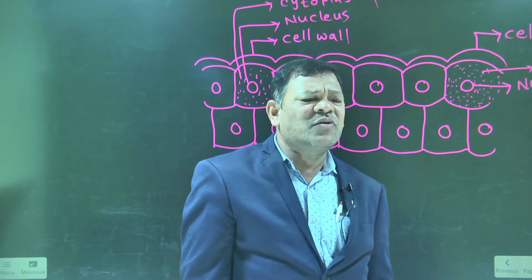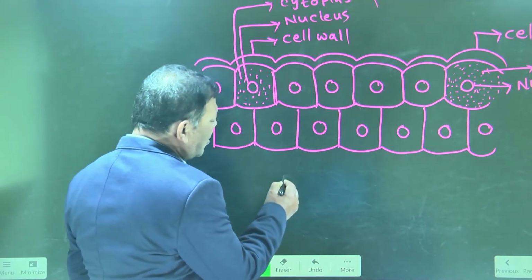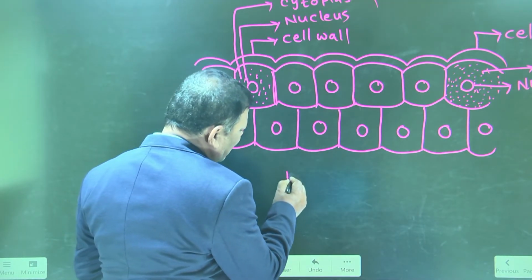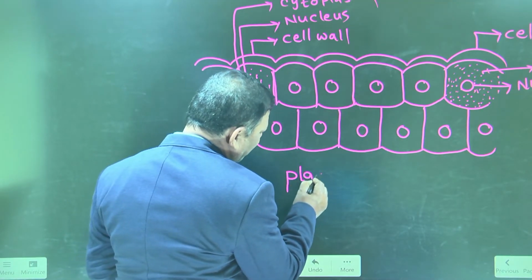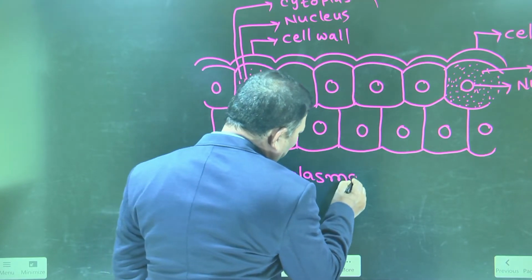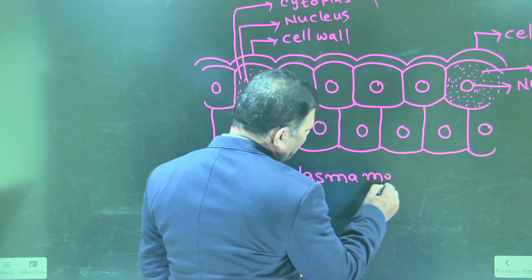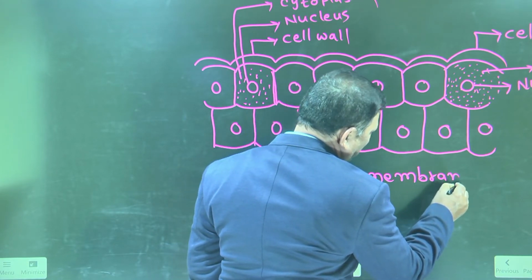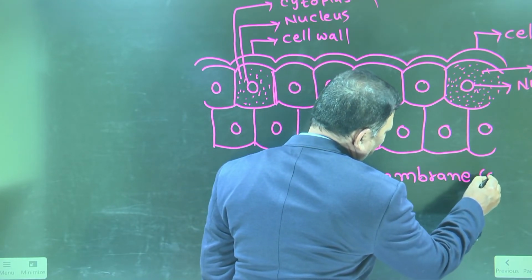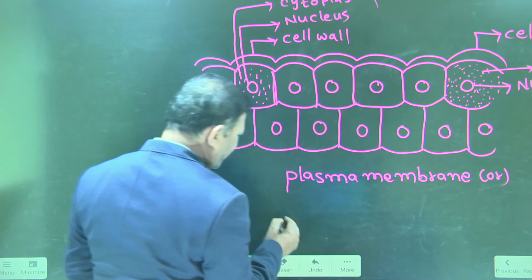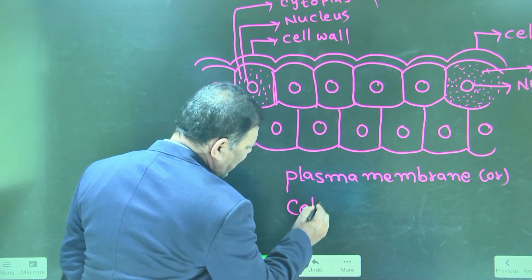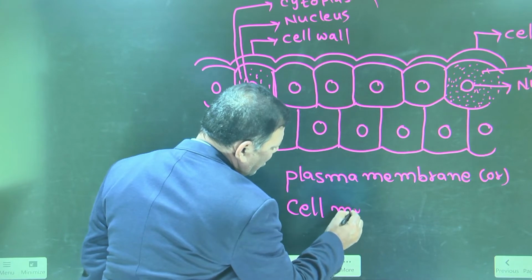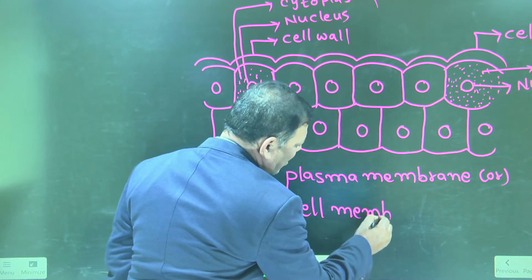In the animal, what is the outermost layer? The outermost layer is called the plasma membrane, or cell membrane.